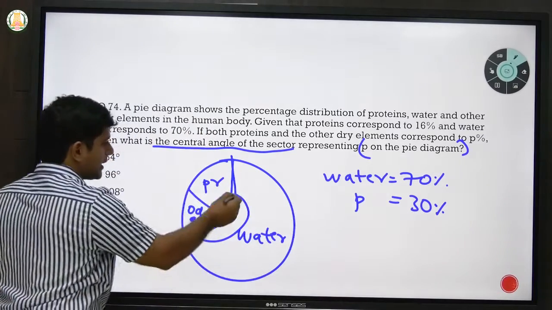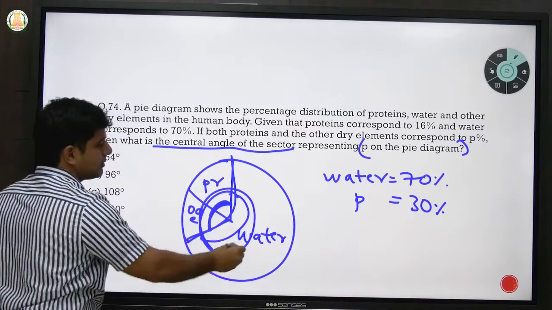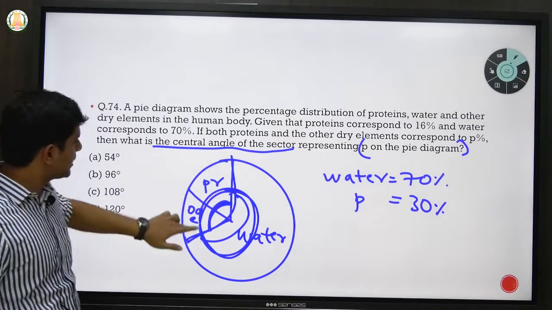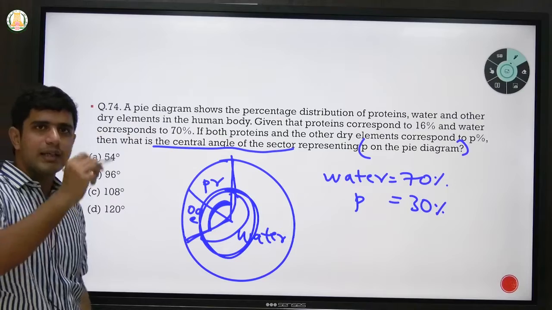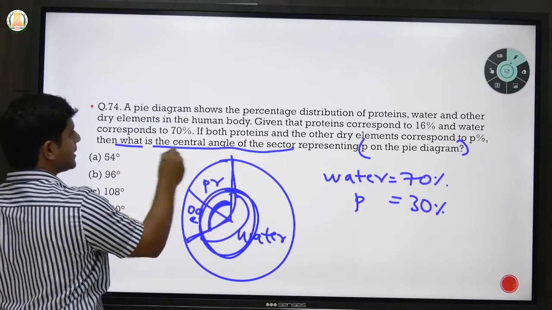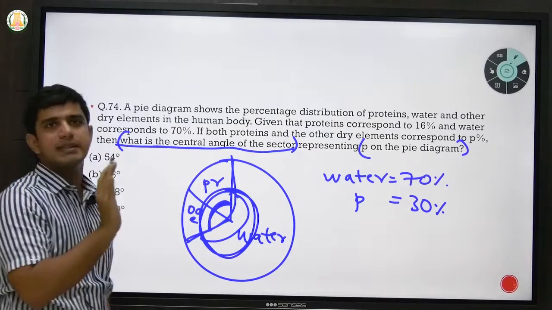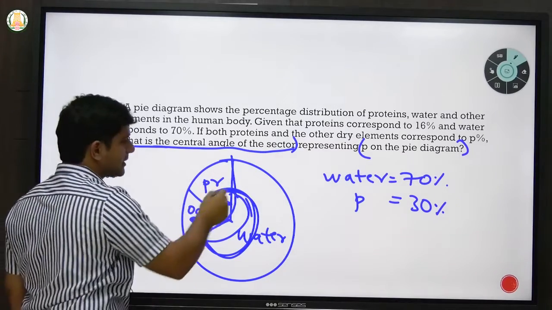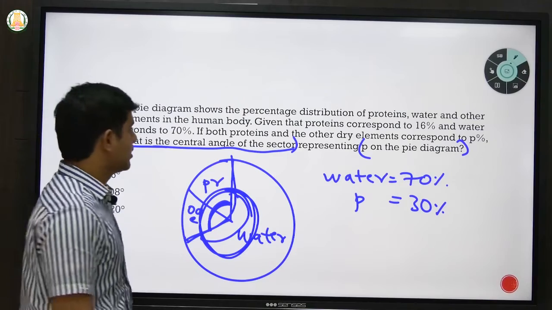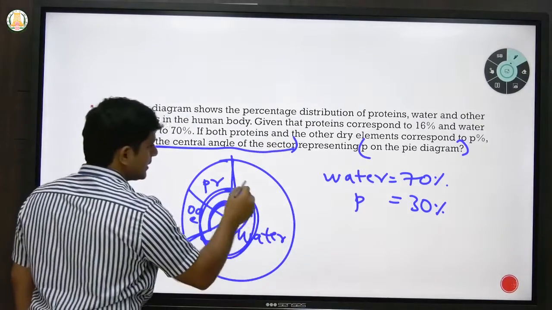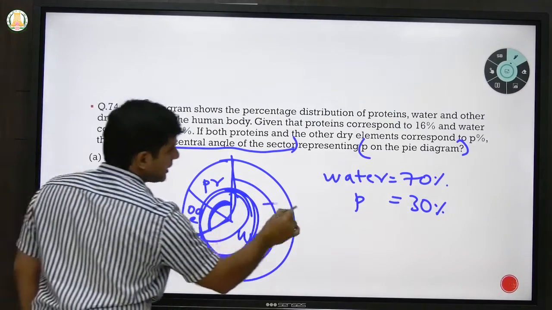And you also know this entire angle is how much in a pie chart? It is 360. In a pie diagram, this entire thing is the central angle. He asks what is the central angle of the sector. The sector will be less than 360, but the entire central angle is actually 360 degrees. So he's saying P on the pie diagram, this will be how much?